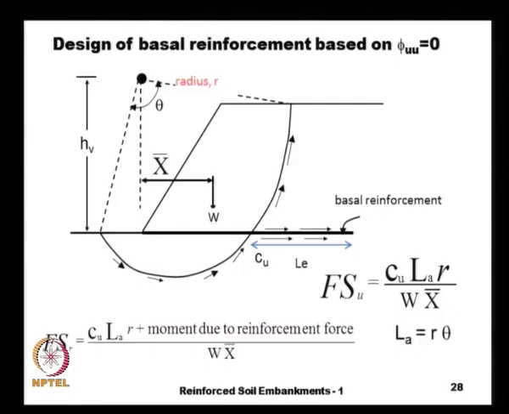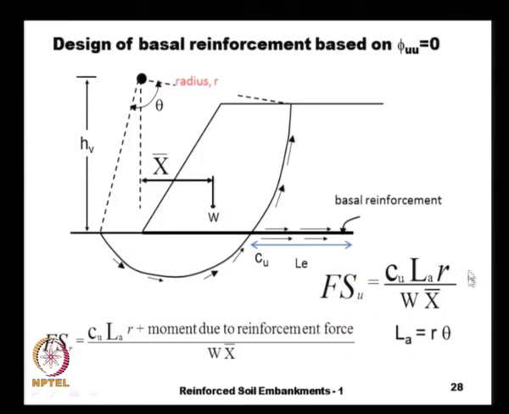And so, our factor of safety against failure is the resisting moment divided by the upsetting moment. In this case, our resisting moment is because of the cohesion developed along the length of this slip surface, Cu times La times r, and our La is nothing but the length of this slip surface, that is equal to radius times this theta in radians.